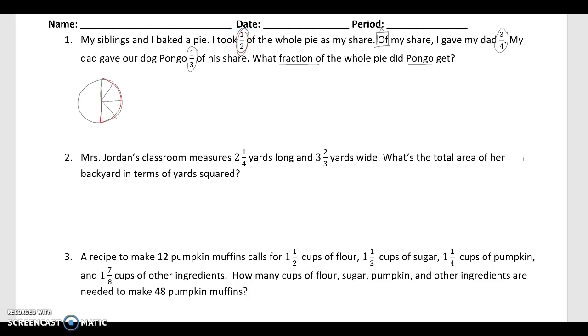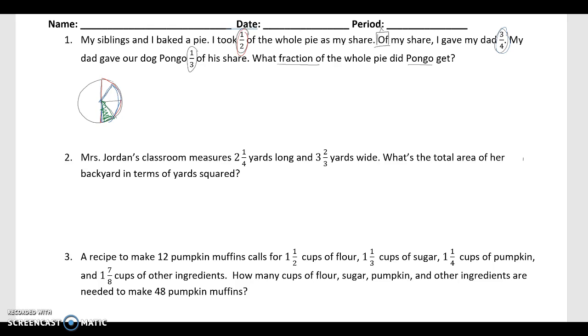I gave my dad 3/4 of my half. So dad got this blue part, right? And then, I'm looking for another color. And then he gave the dog 1/3 of his share. So 1/3 should be this little piece, okay?